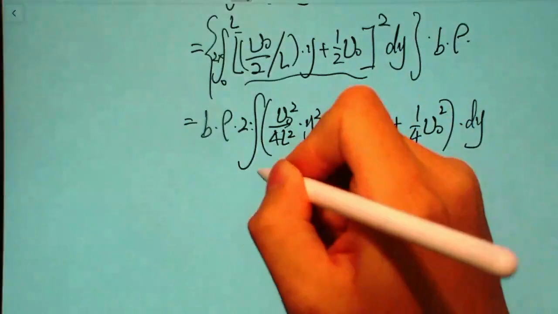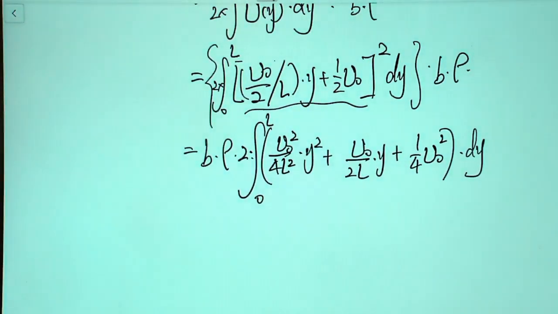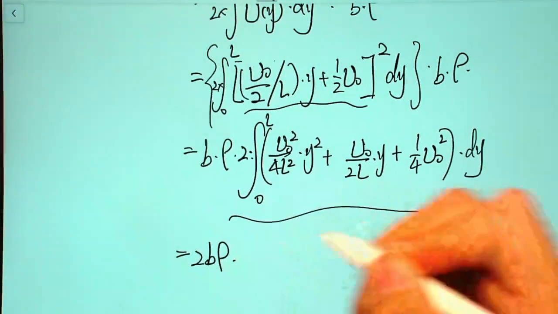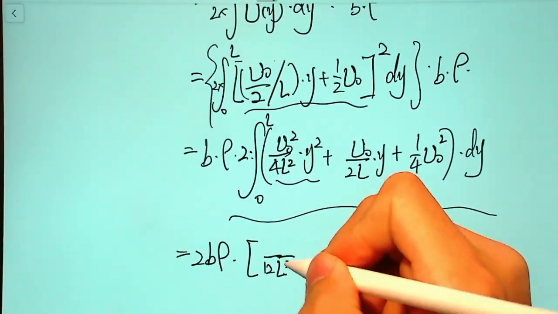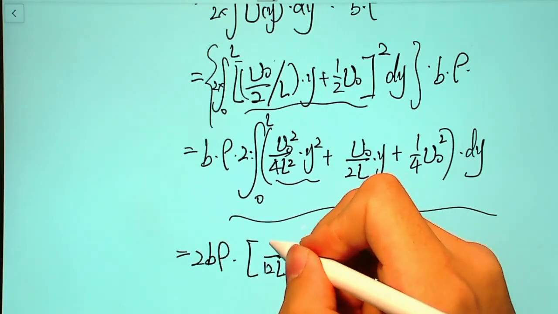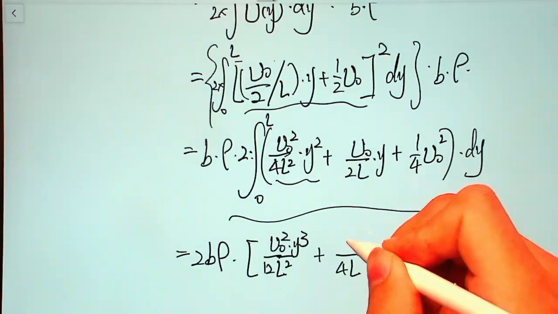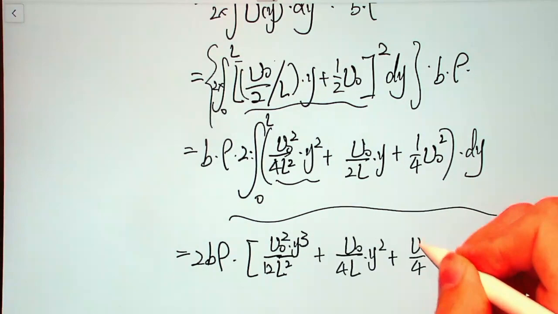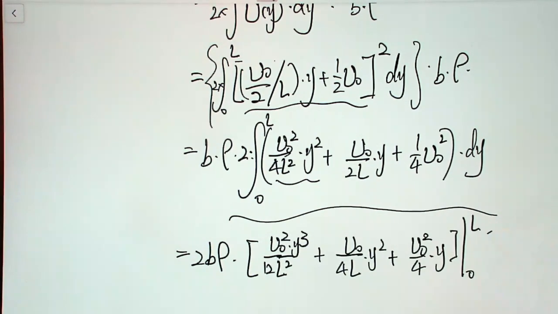So we do the integration of this bit, 0 to L. Right, so this looks scary, but actually it's very straightforward. 2b rho times U0 squared over 12 L squared times y cubed plus U0 over 4L times y squared plus U0 squared over 4 times y. y ranges from 0 to L.